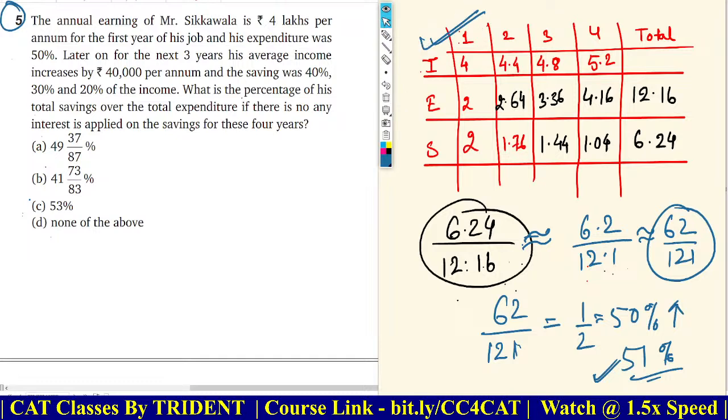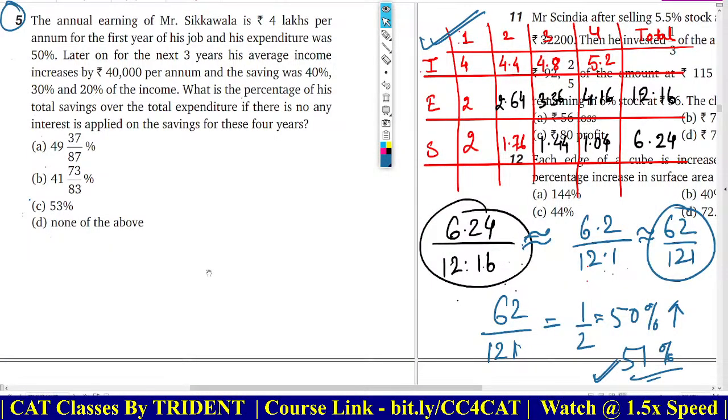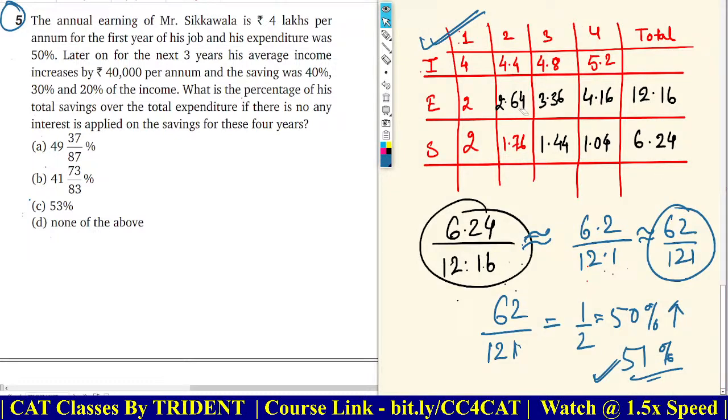If you are comfortable with the tabular method, do it. But if you're not comfortable with it, you can use a different way as well. This helps a lot of students.